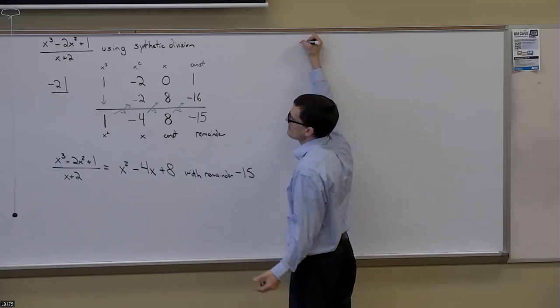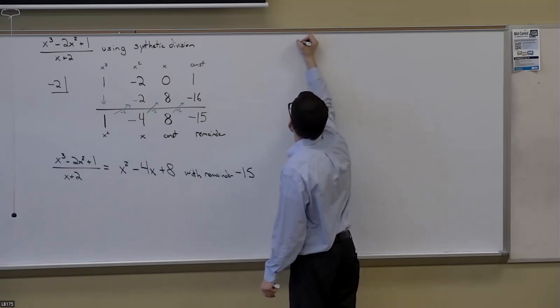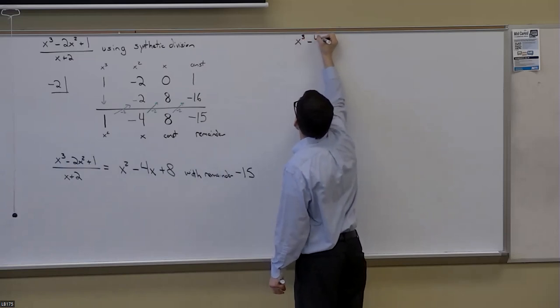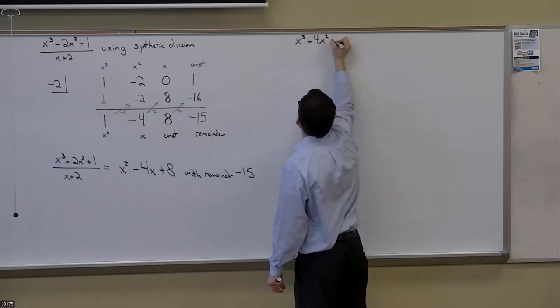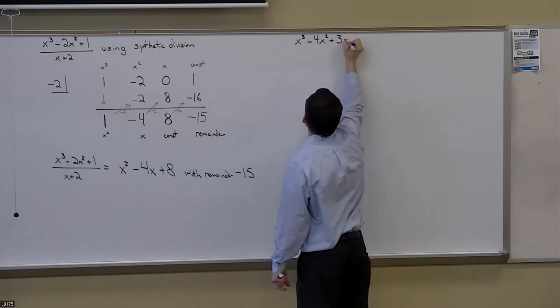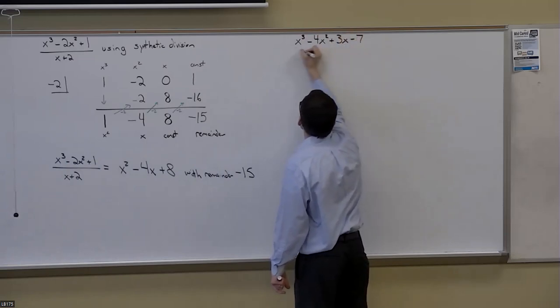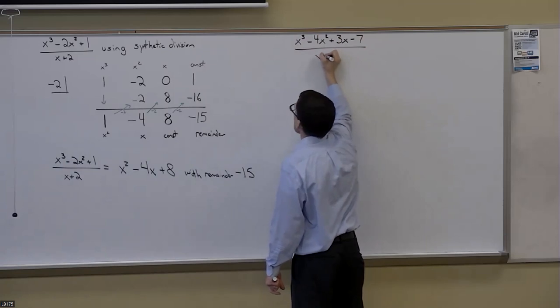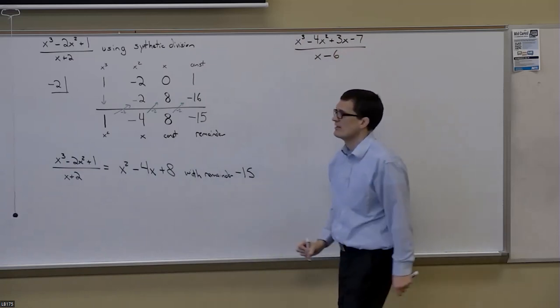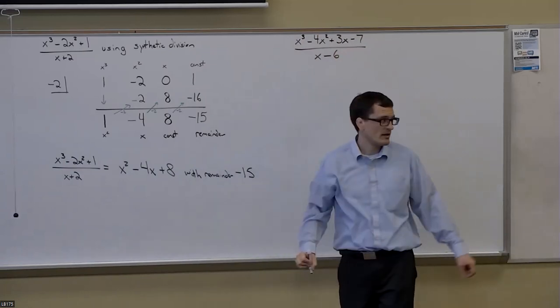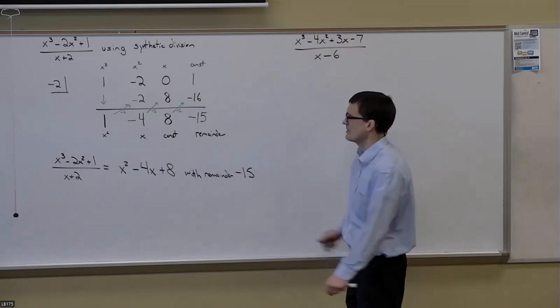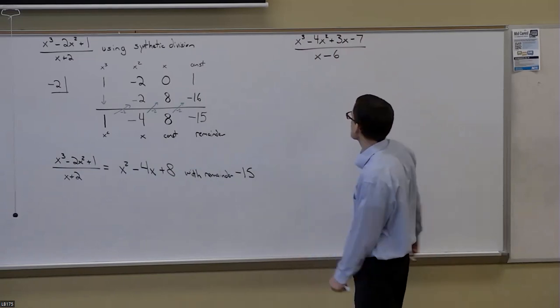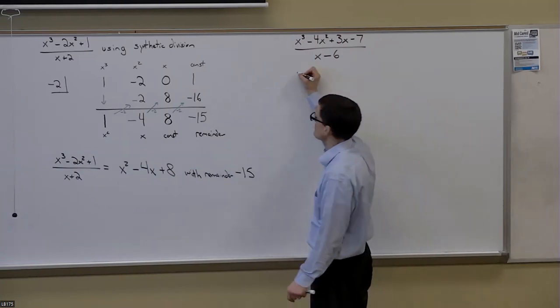Let's do another one. This one we haven't done yet. So let's take x to the third minus 4x squared plus 3x minus 7, all divided by x minus 6. All right, this will be the last one we do. I'll show you how fast this goes.